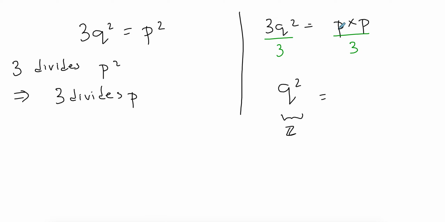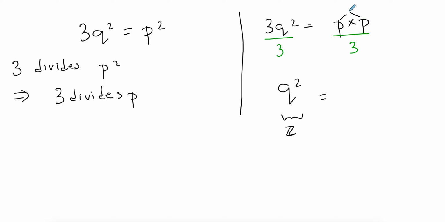Now if 3 divides p squared, then 3 has to exist as a factor of p, which means 3 divides p. You might say, well, maybe there was a number here that I multiplied with another factor here and it gave me a 3.